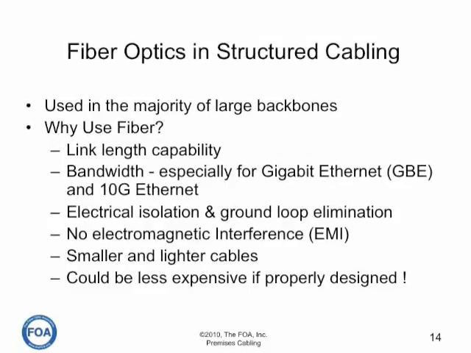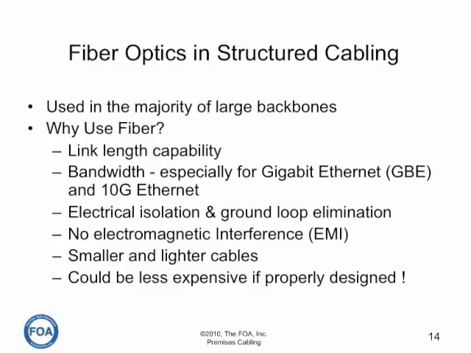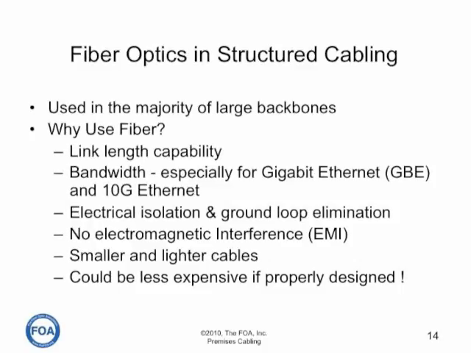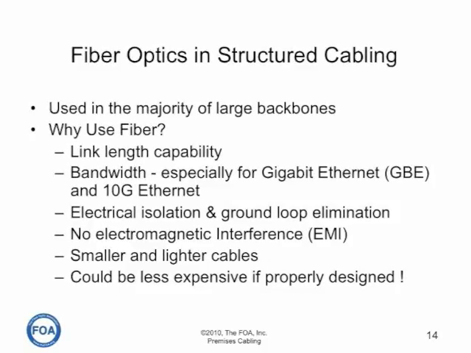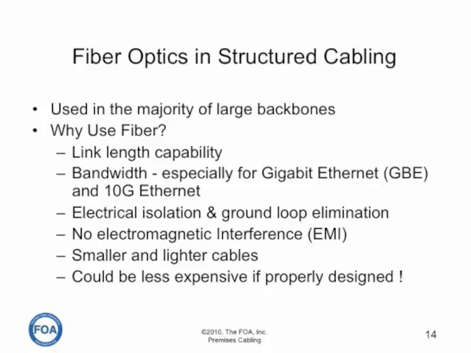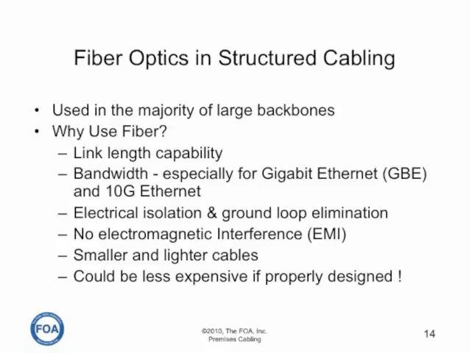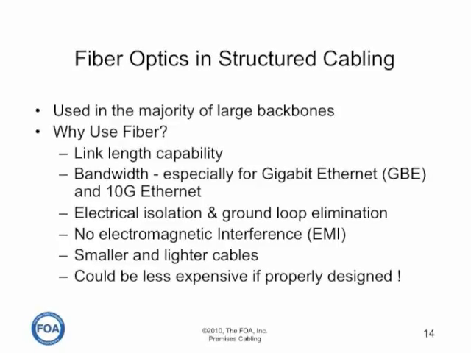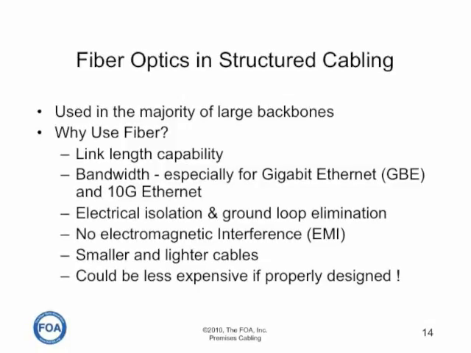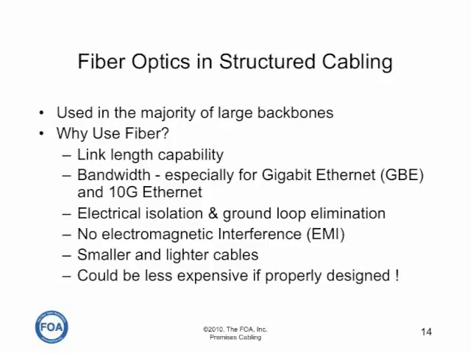High bandwidth systems, for example, in gigabit Ethernet and 10 gig Ethernet for data centers, and industrial applications for electrical isolation and ground loop elimination, in areas where it has no electromagnetic interference that can bother other systems, or where smaller and lighter cables are needed. A fiber optic structured cabling system can even be less expensive if it's properly designed using centralized cabling techniques.